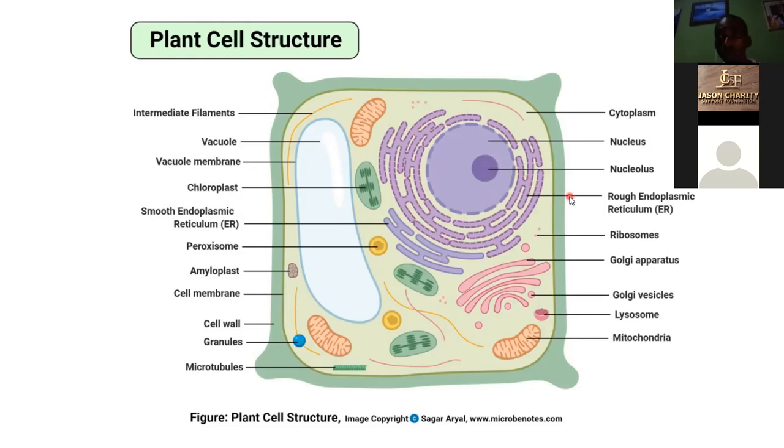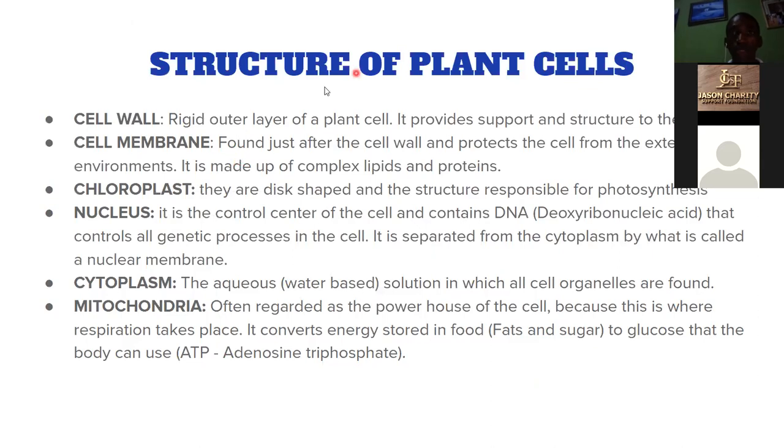Now we have the endoplasmic reticulum, the ribosomes, the Golgi apparatus, the lysosome, mitochondria, microtubules, granules, the vacuole, the peroxisomes, the smooth endoplasmic reticulum, and the chloroplast. All right, so now let's proceed to the structures proper.